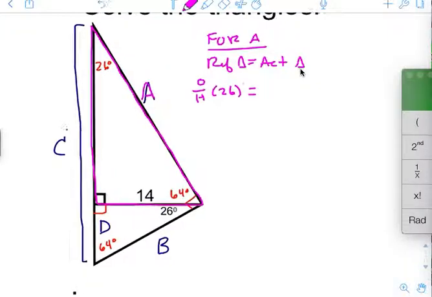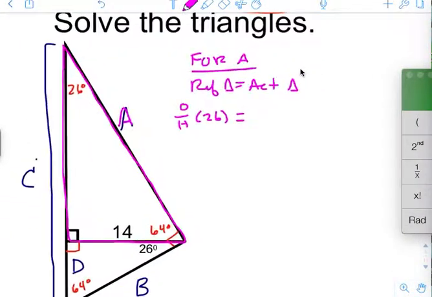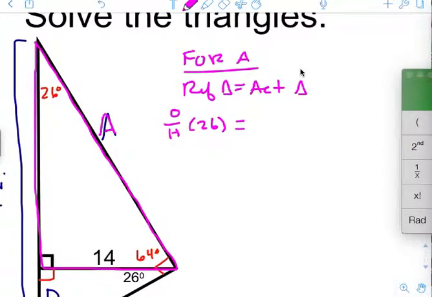And so to solve for A, in the median triangle, even though I know A belongs to multiple triangles, I'm going to use A in this case first. So I'm going to use O over H because I'm going to use a 14. A is going to be the actual hypotenuse. And so that should match my O over H for 26 degrees here as well. So in my actual triangle, A is going to be my hypotenuse.